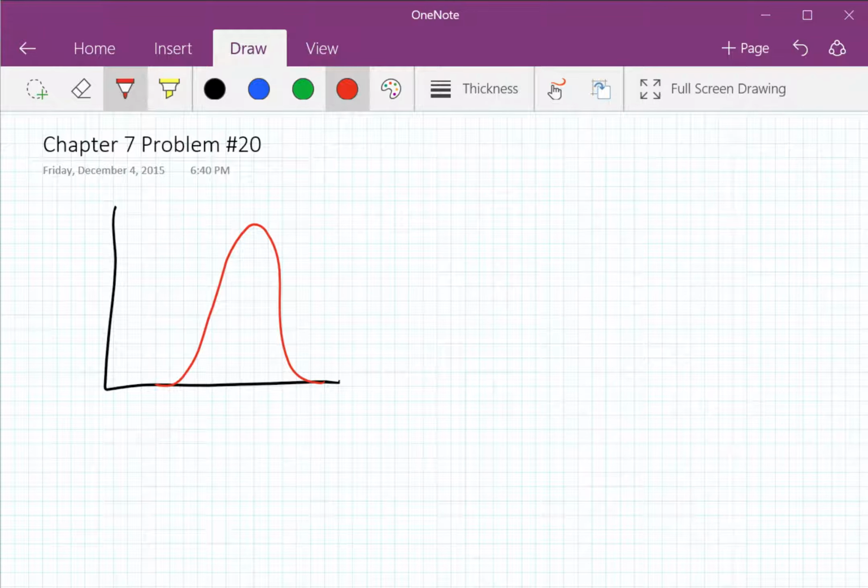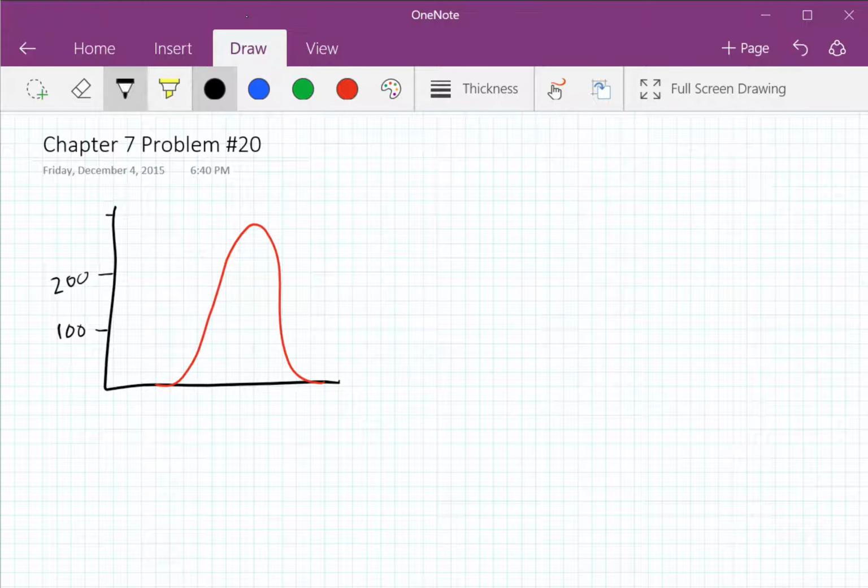I know it looks more like a bell curve, but that doesn't really matter. So let's see, this is going to be 250, so 2 about here. So that'd be 100, 200, every 4 boxes.